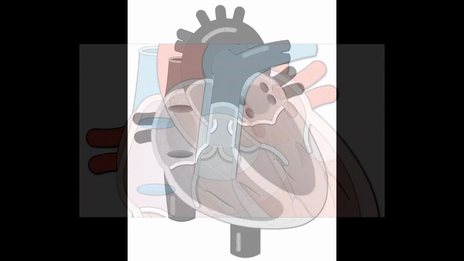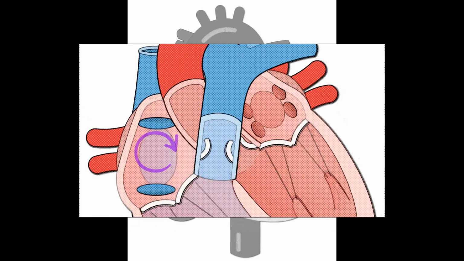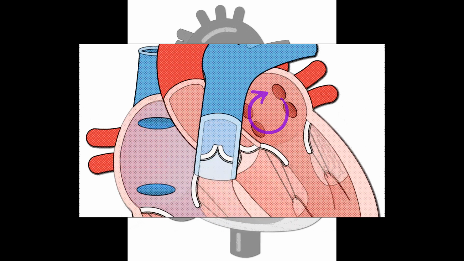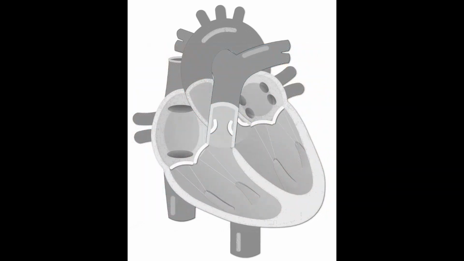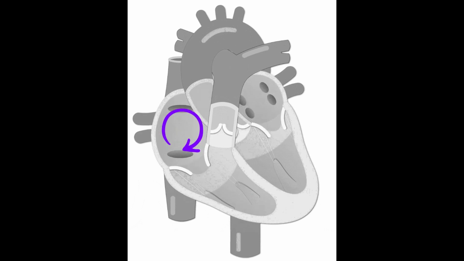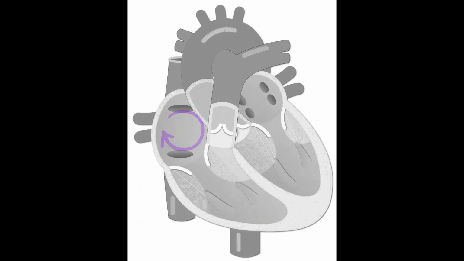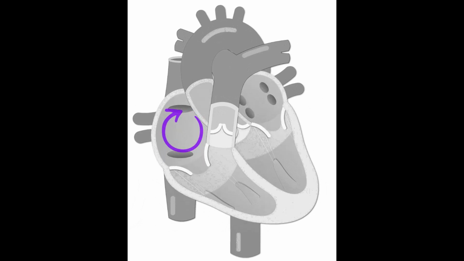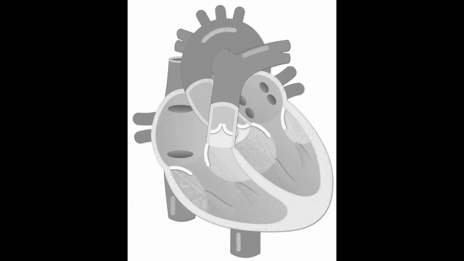This circuit is usually located in the right atrium, near the tricuspid valve, but can also occur in the left atrium. As a result, the atria beat rapidly and regularly, but the ventricles may beat at a slower and irregular rate, depending on how many of the atrial impulses are transmitted through the AV node.